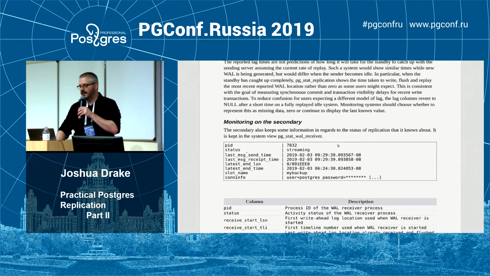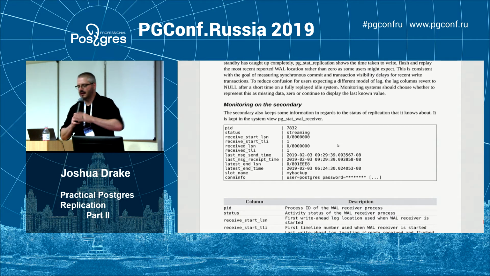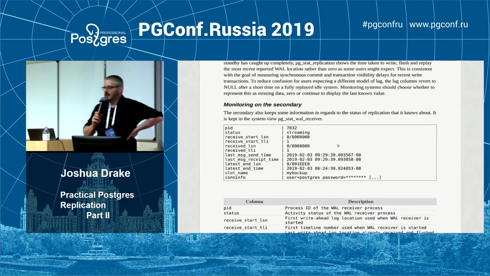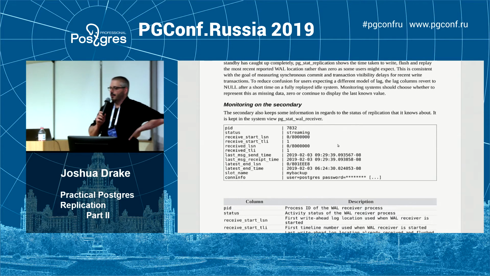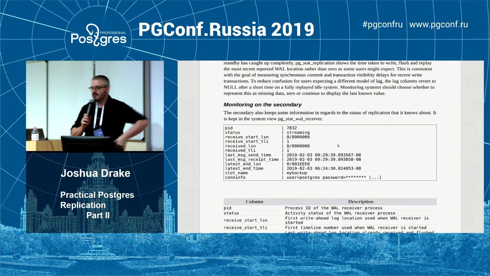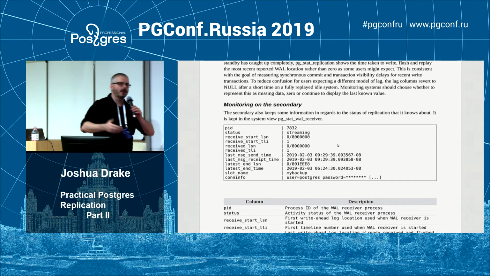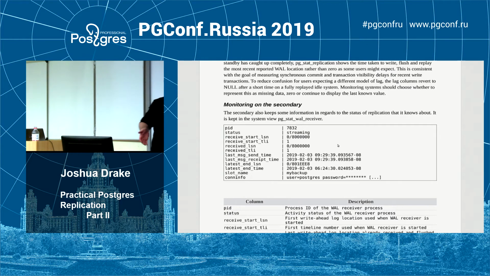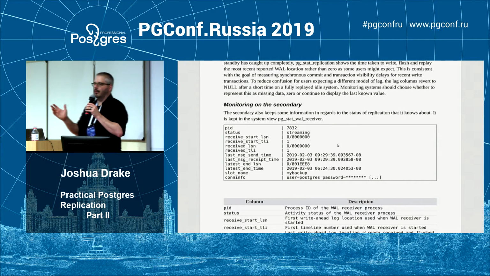On the secondary, there is the ability to do a little bit of work in regards to the status of replication, that it knows about. It is kept in the system view pg_stat_wal_receiver. This is actually a pretty big step up because we didn't used to have any information on the standby. It used to be the standby was just a black hole.